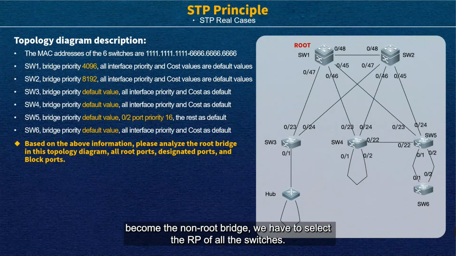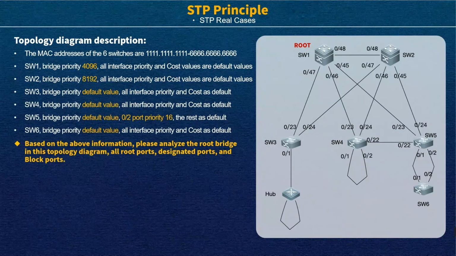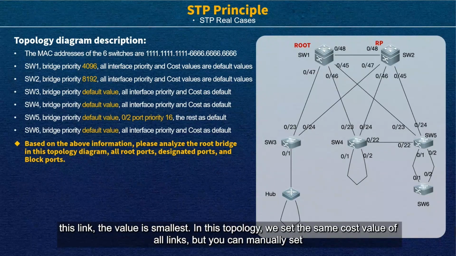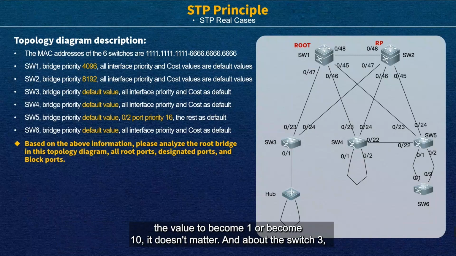We have to select the RP of all the interfaces of all the switches. About switch 2, the RP will be interface 48 because we compare the cost value and this link's value is smallest. Otherwise, if the cost values are the same, maybe you can directly set a value to become 1 or 10, it doesn't matter.